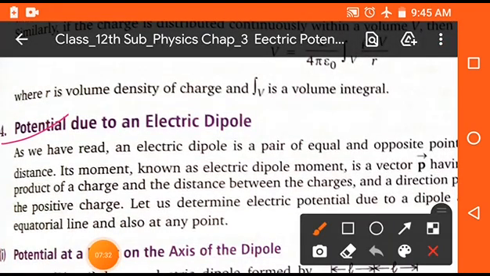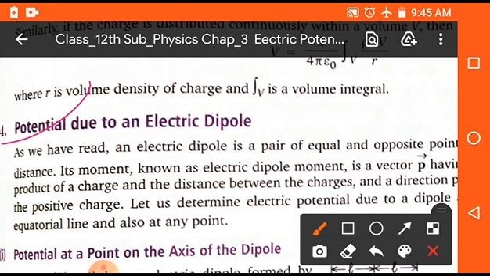As you know that in the earlier classes we have studied electric dipole, and we know that an electric dipole is an arrangement in which two charges, their magnitudes equal but opposite in nature, are placed at a small distance. With the help of the electric dipole we will prove here its potential in two conditions. First, when the point is on the axis, and second, when the point is on the equatorial line.